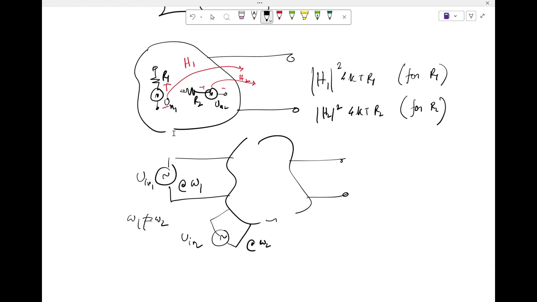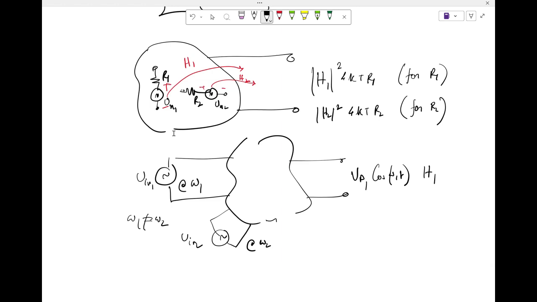So what can I essentially say? If I do the voltage analysis first, your output will be something like Vp1 cosine omega 1t times some h1, correct? If I say h1 is a scalar, then it doesn't really matter.